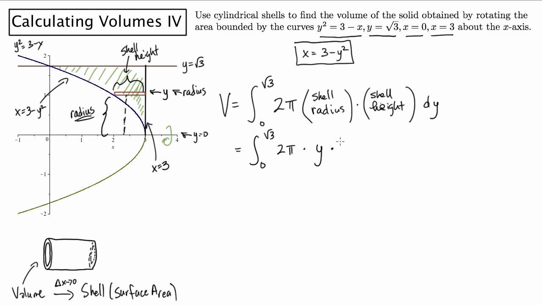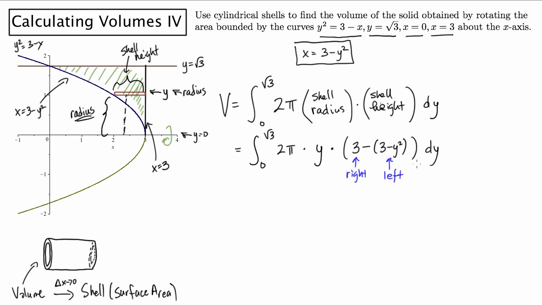So if I do right minus left, then this will end up as 3 minus y squared dy. So remember, this is nothing more than saying right minus left. We've become used to that in doing our horizontal integration.